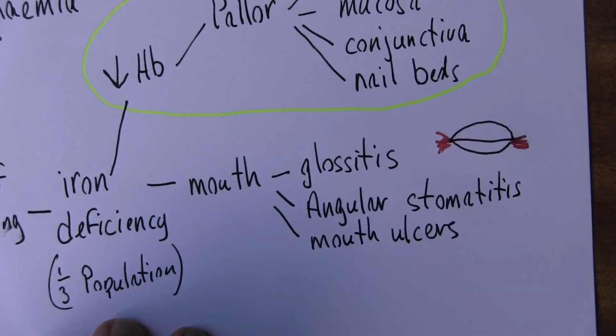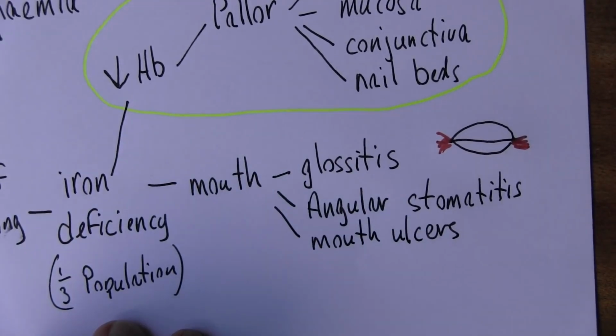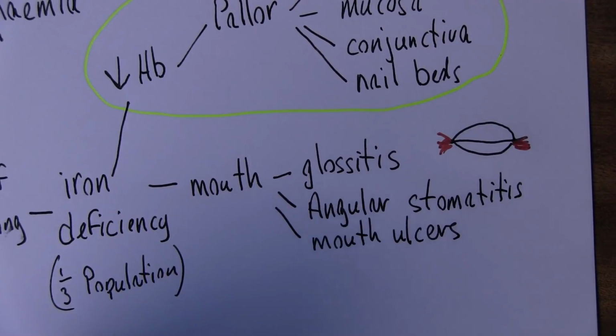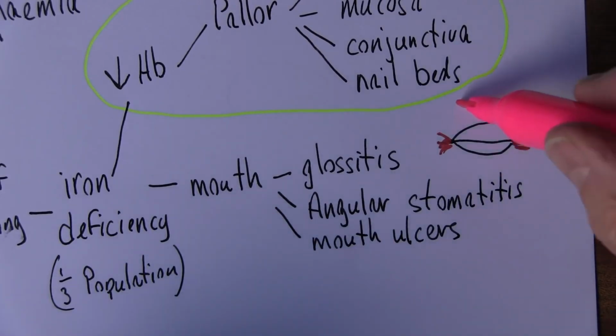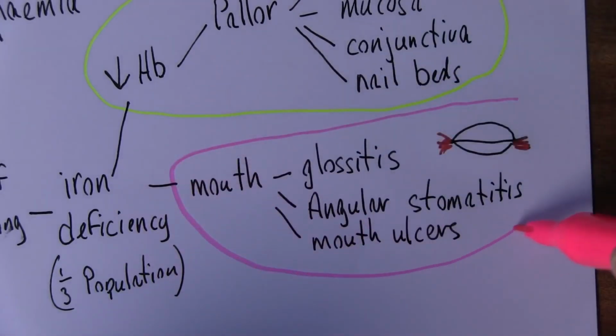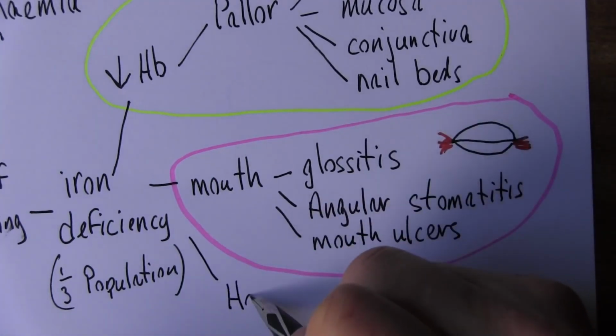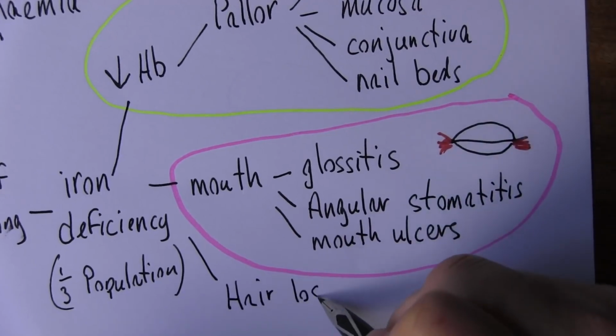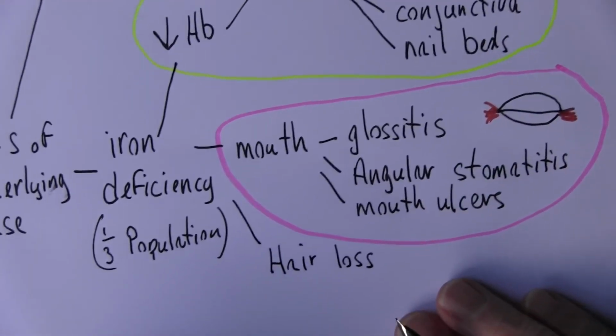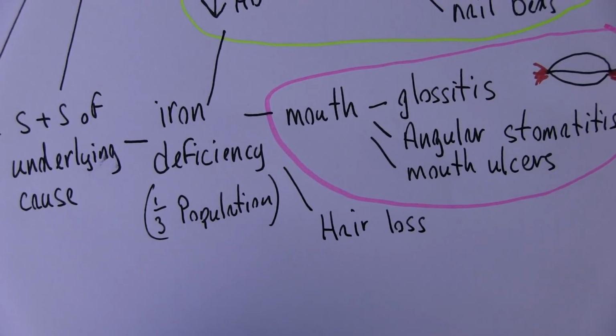So again, these are features of the iron deficiency rather than features of the anemia, these ones affecting the mouth. Another feature of iron deficiency is hair loss. Always worth considering iron deficiency in hair loss.